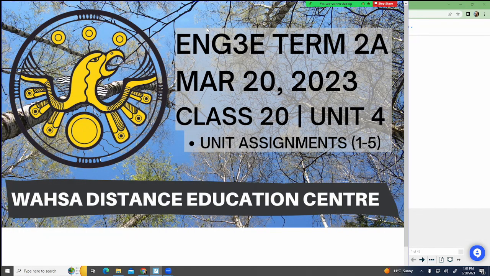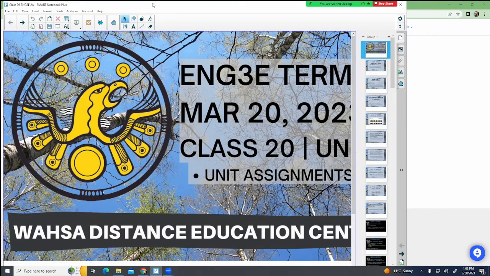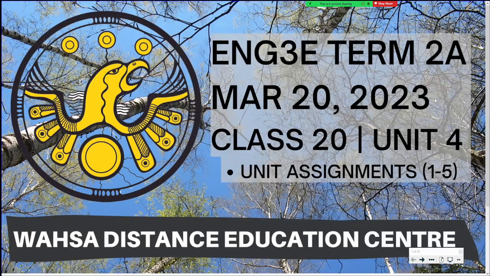So in today's class, we will be delving into Unit 4. So we are progressing here nicely. We've completed Units 1, 2, and 3, and now we are moving on to Unit 4. There are 5 units in ENG3E, that's grade 11 workplace English.